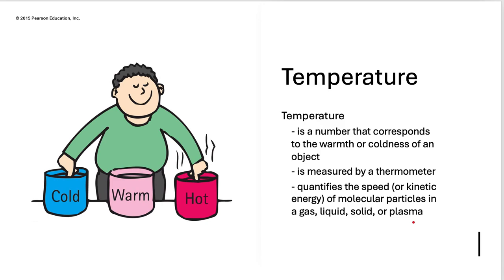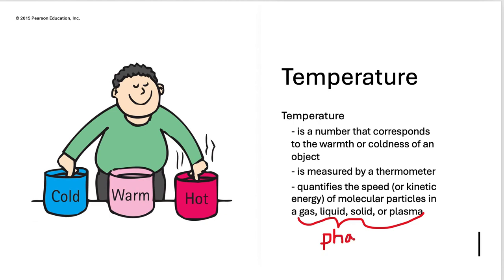We could also say that temperature is a quantity that measures the kinetic energy of molecular particles in a gas, liquid, solid, or plasma. Gas, liquid, solid, or plasma are the 4 types of phases.